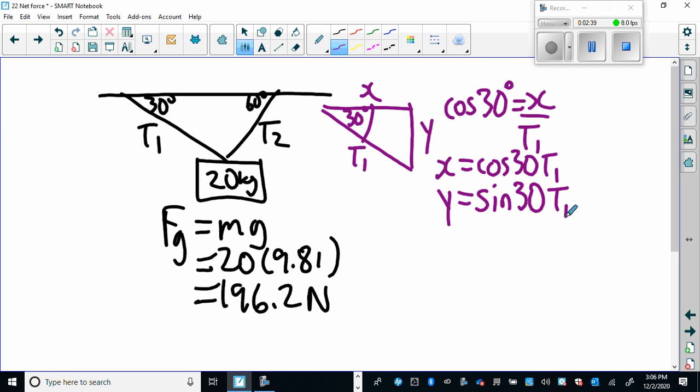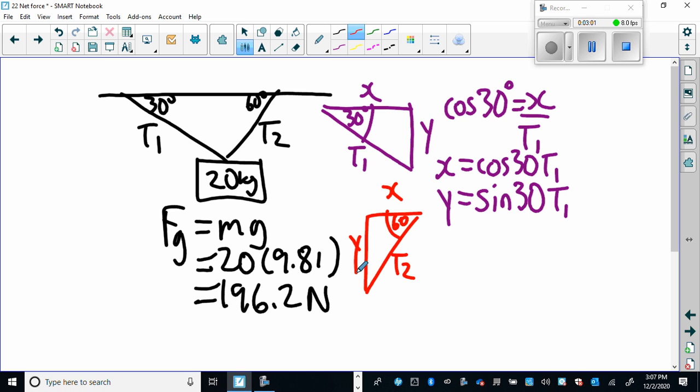Okay, let's do the other vector. The other vector is 60 degrees. 60, and this is T2, and hopefully you're getting the hang of this now, and you'll be able to see very easily the cosine and sine. So we end up with this.